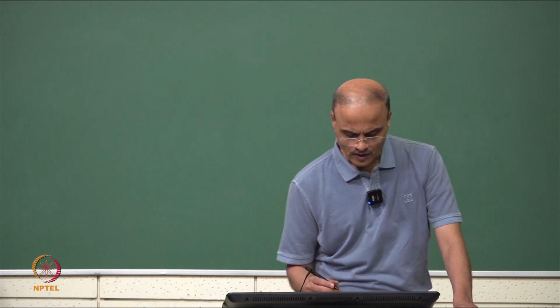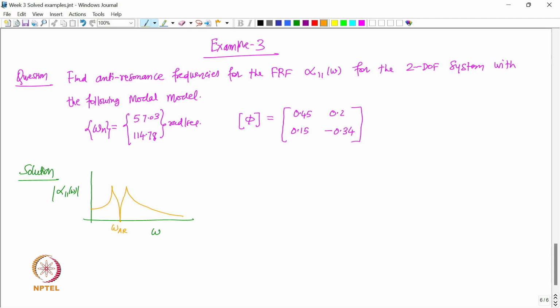So, let us write down the expression for alpha 1. Maybe I can write down first the general expression for alpha jk omega. For a 2 degree of freedom system this will be the sum over r equal to 1 to 2 of phi jr phi kr upon omega r square minus omega square. This is the expression, correct.